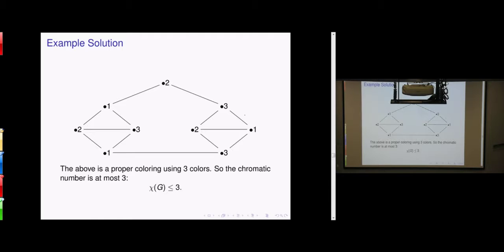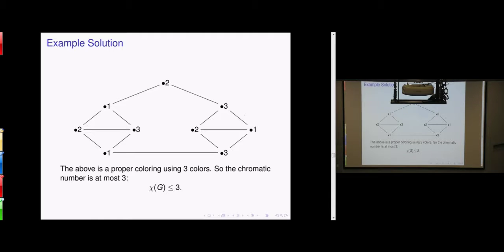If you color it like this, it is a proper coloring using 3 colors. So the chromatic number is at most 3. The minimum possible number of colors is definitely less than or equal to 3.